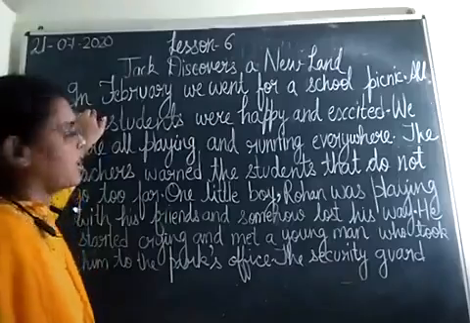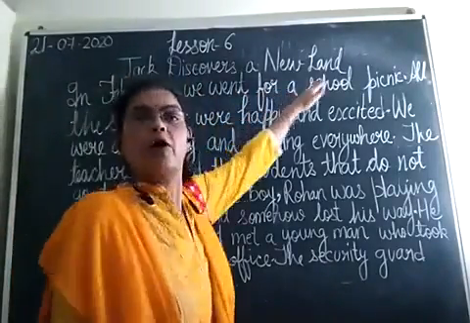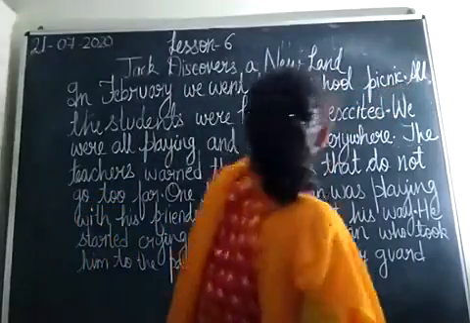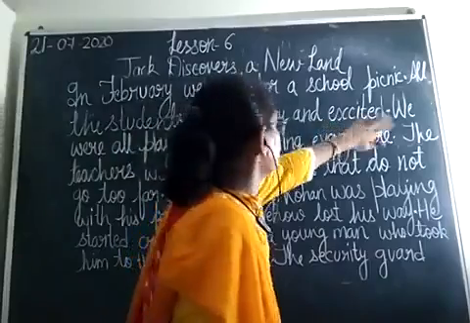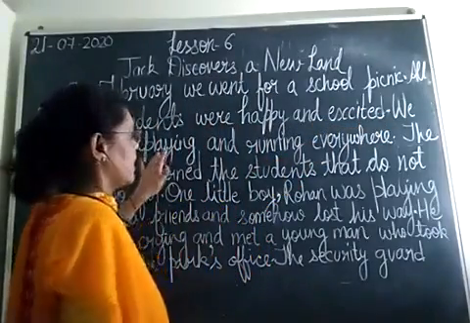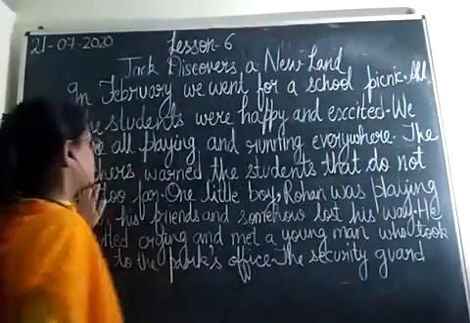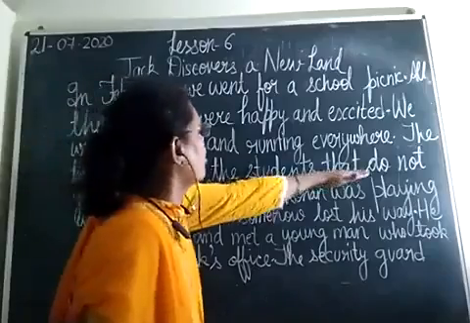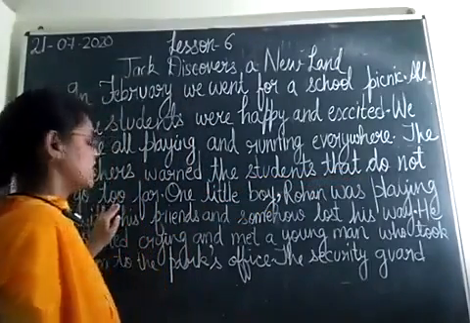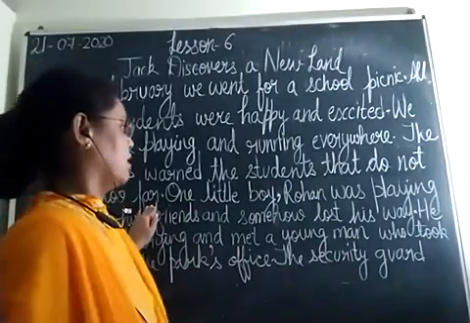Please tally your paragraph. In February, we went for a school picnic. All the students were happy and excited. We were all playing and running everywhere. The teachers warned the students that do not go too far.